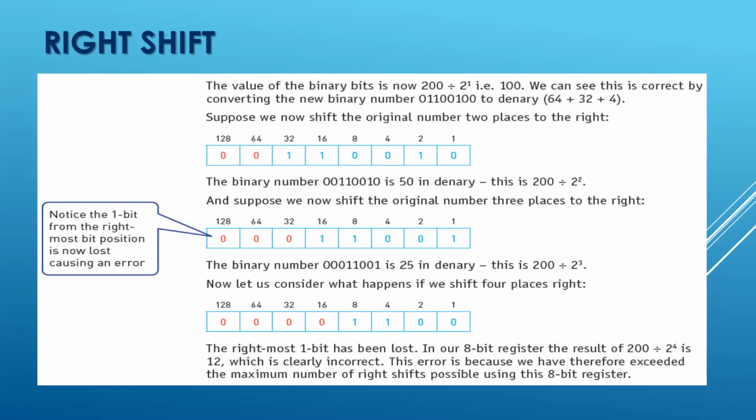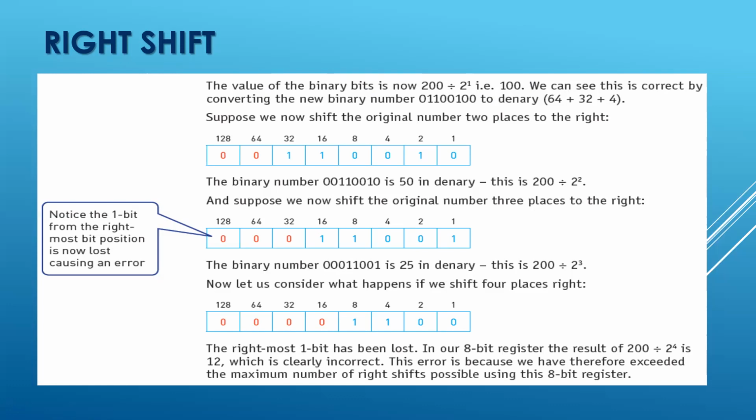Any questions? Now, we are performing the shift 4 times. So what will happen? In this case, this one will be lost. It means it will be 0, 0, 1, 1, and then all zeros. By the way, what is this answer? With 4 shifts, we are assuming it will be divided by 2 to the power 4. That means 16. So 200 divided by 16 should give you a value that is not denoted here.